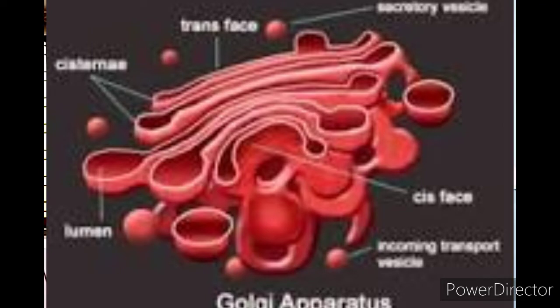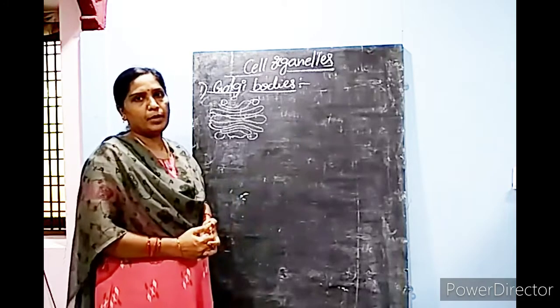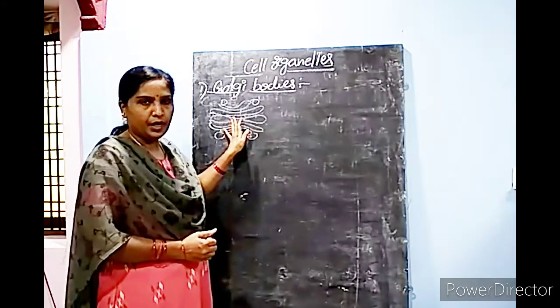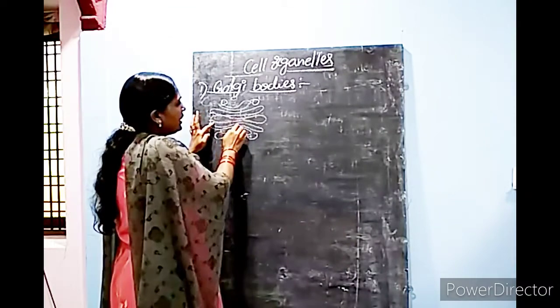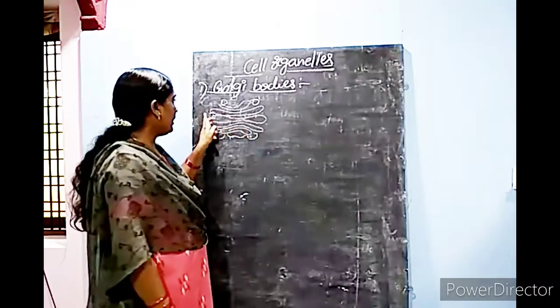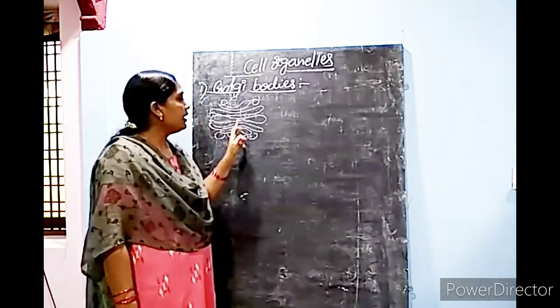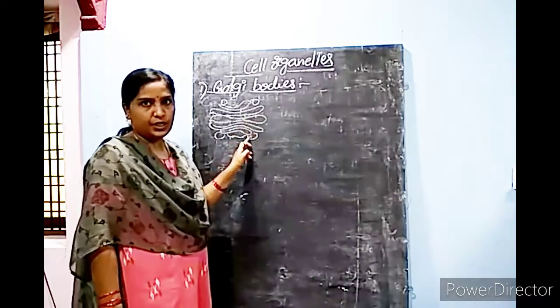They are having attachment with cell membrane. Membrane bounded vesicles, so they are parallel to each other. One side they will have connection with cell membrane and the parts are parallel to each other.